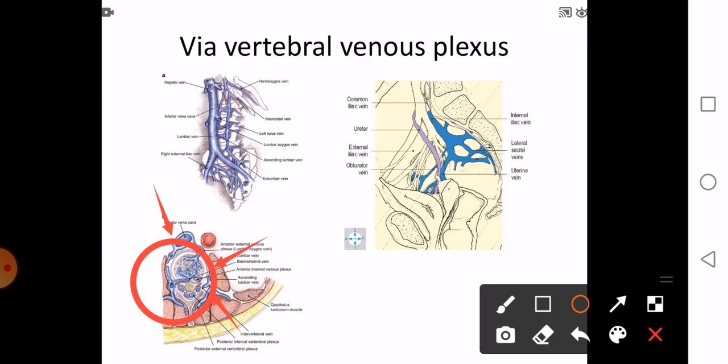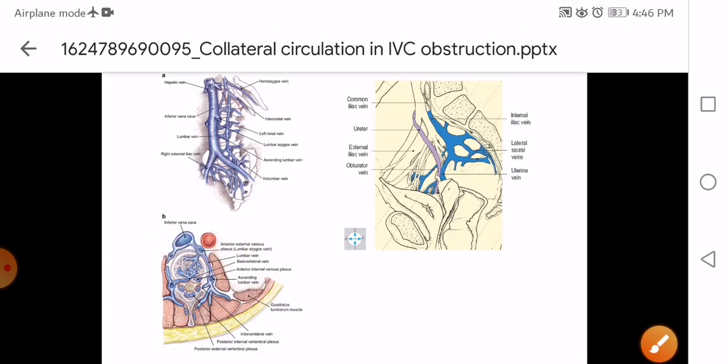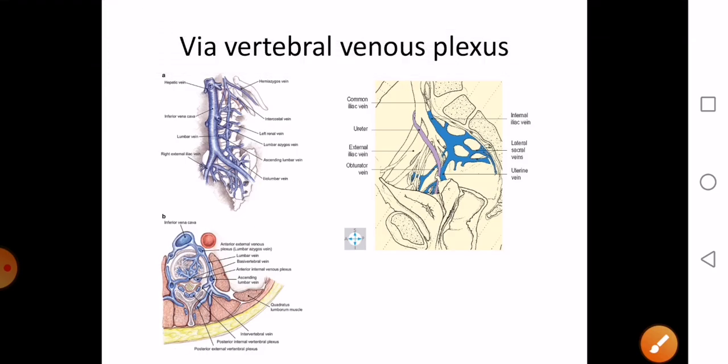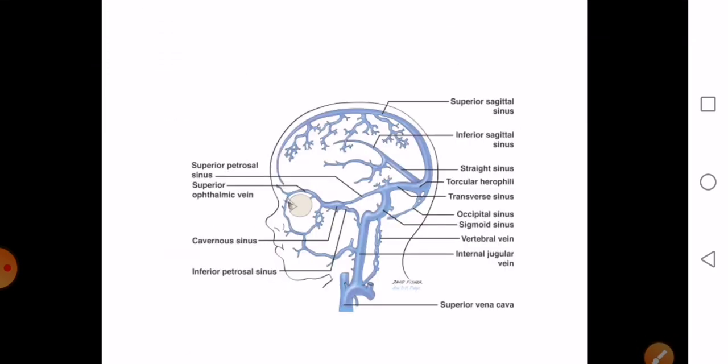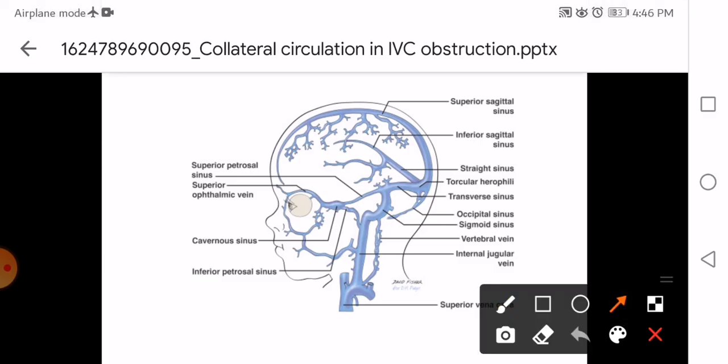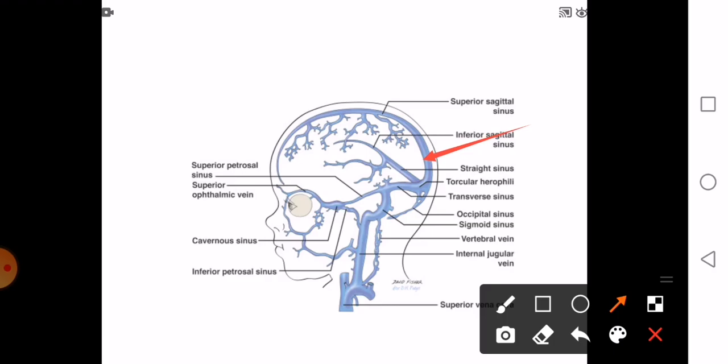All of us know that the vertebral column is in continuity with the cranial cavity. So the blood from the intervertebral venous plexus will be communicating with the sinuses inside the cranial cavity.